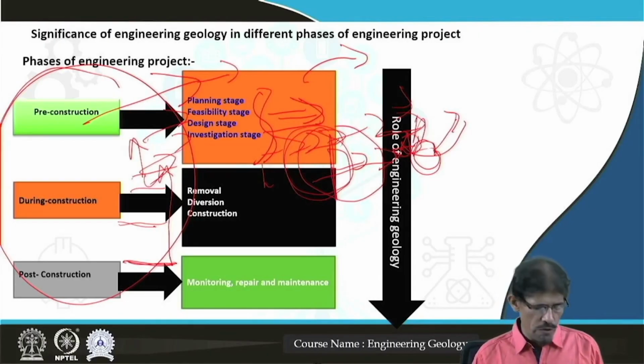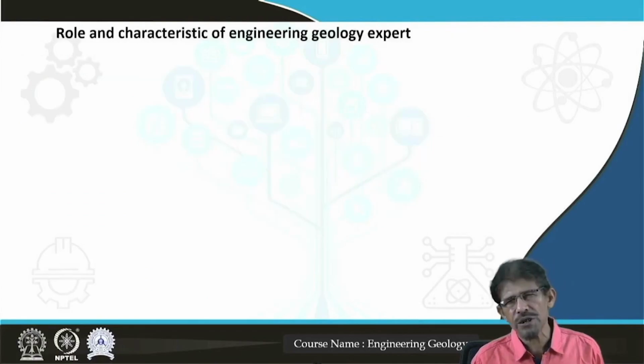Now we are going to discuss the characteristics of engineering geology. As you know, the engineering geologist is required to translate different geological information for proper understanding by the other members of the team.